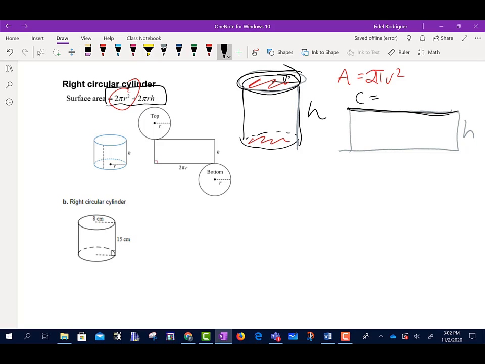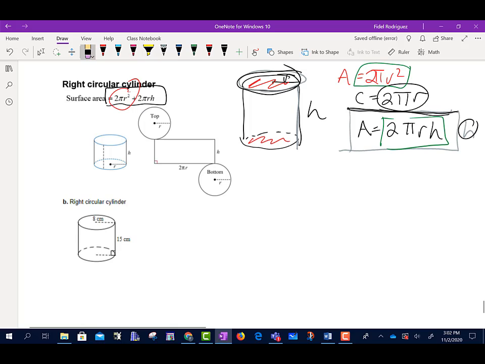Remember, the formula for the circumference is 2 pi r. So the area of this rectangle would be 2 pi r times h. So we would take this piece here and add that piece there, and that's exactly what they have right there. I just wanted to walk you through that so you understand where they came up with this piece.